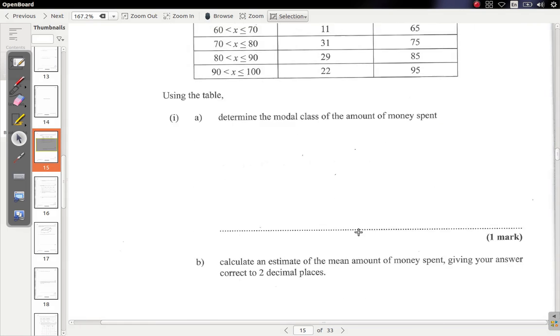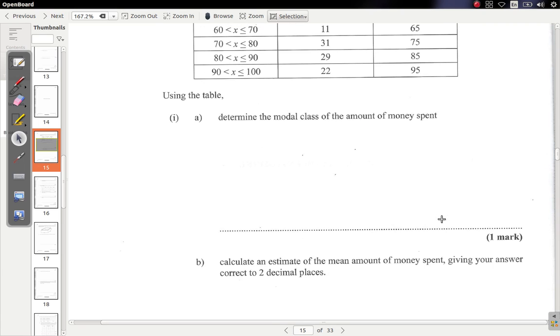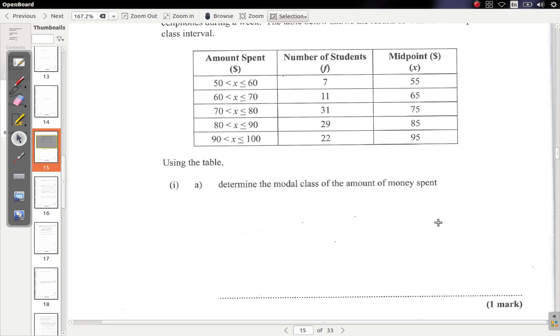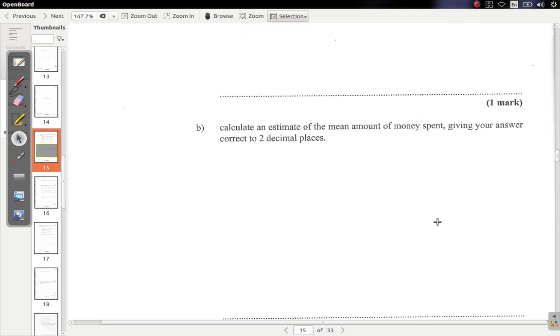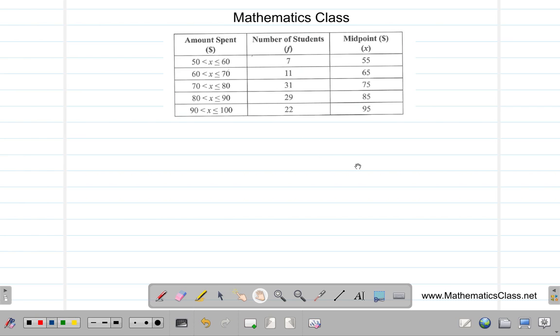See what they say now? Calculate an estimate for the mean amount of money spent, giving your answer correct to 2 decimal places. The mean amount of money spent, right? Now, we copy this and put it over here so we're going to do some work, and they want the mean.